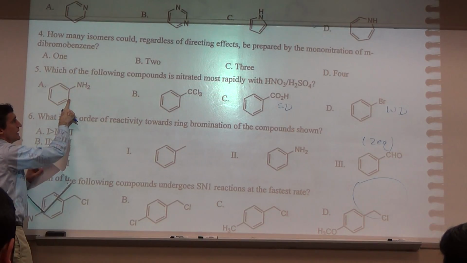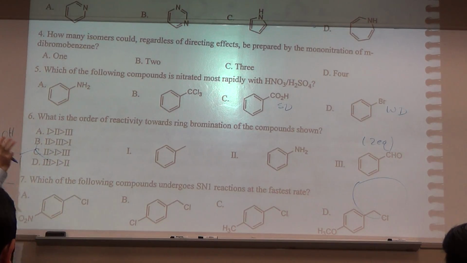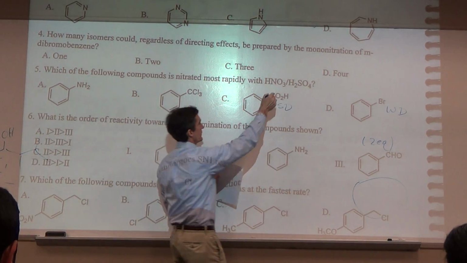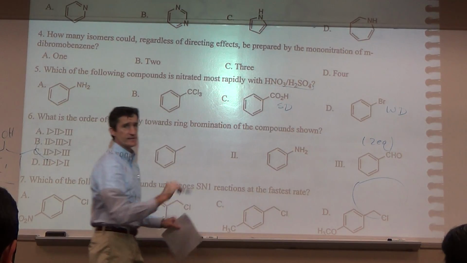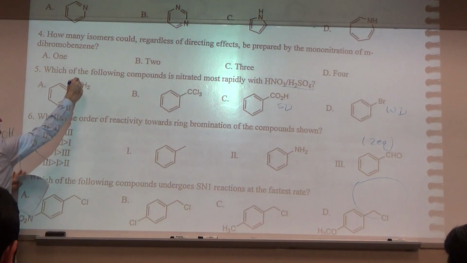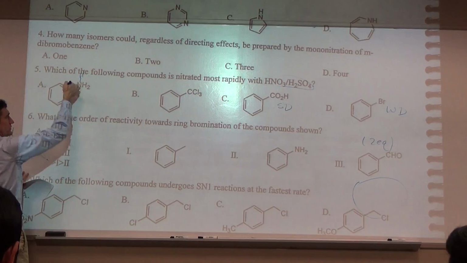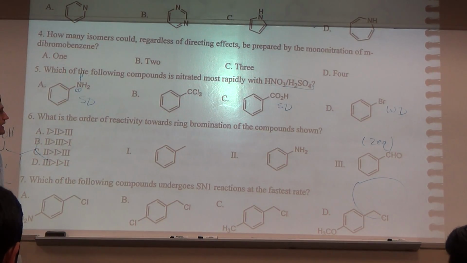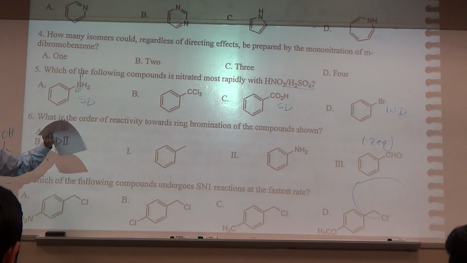It depends on what the person asking wants. It's a strong activator, but what type of conditions are we under? Very acidic. This is going to be protonated. And when it's protonated, it's a strong deactivator. Now, some people will say this is the answer and not consider this point.